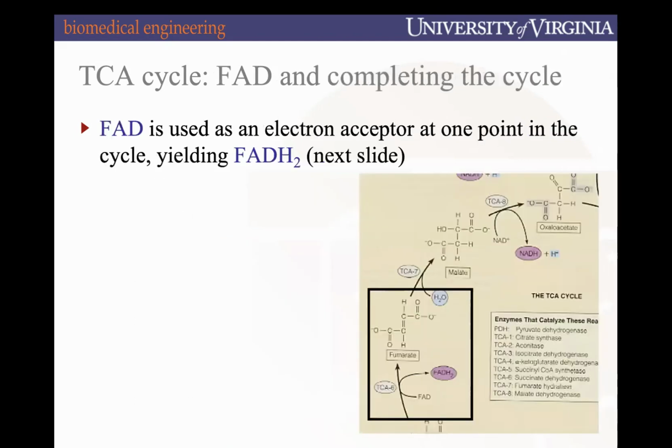And going to fumarate, we have the formation of a new species of reducing equivalent called FADH2. It is also an electron acceptor. We'll talk about later how it's different from NADH, and it's going to be a key difference to note based on how efficient it is at facilitating oxidative phosphorylation.